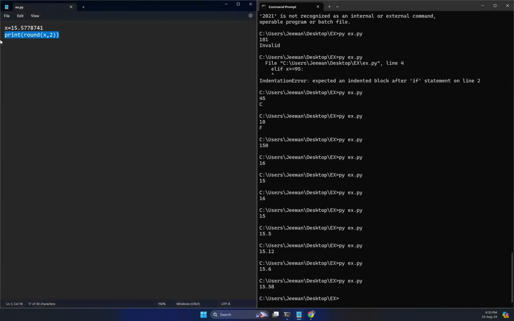Or else, we can do it using print, and inside the double quotes, I can mention that I'm going to print a placeholder. I can put a placeholder modulus 0.2f, and then I have to pass the value, the x value.